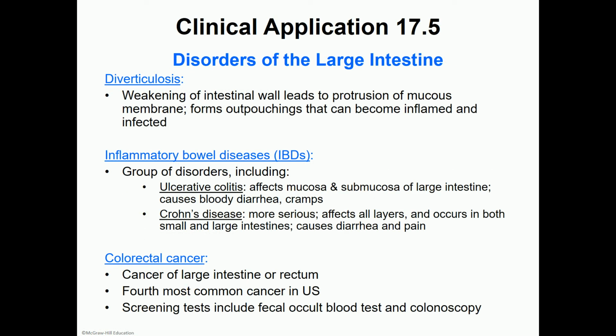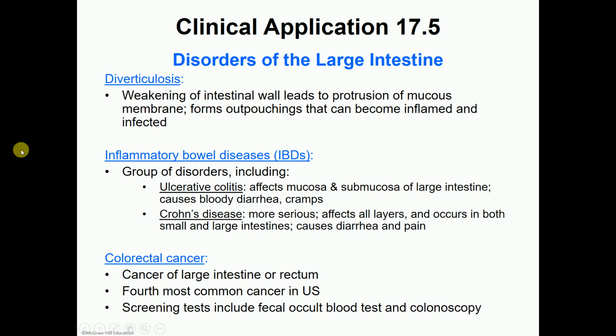Now, some disorders of the large intestine. Diverticulosis means the weakening of the intestinal wall, where the mucosa, or the mucous membrane, starts to protrude, making these little pouches. Feces or chyme can find its way into those pouches, and that could become inflamed and infected, leading to what is known as diverticulitis.